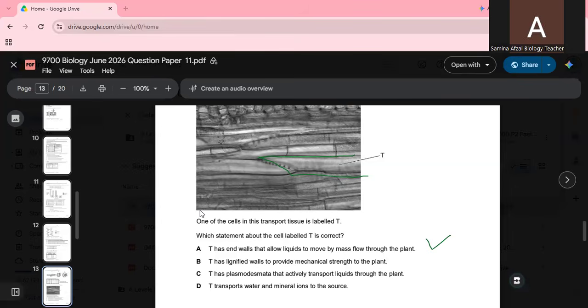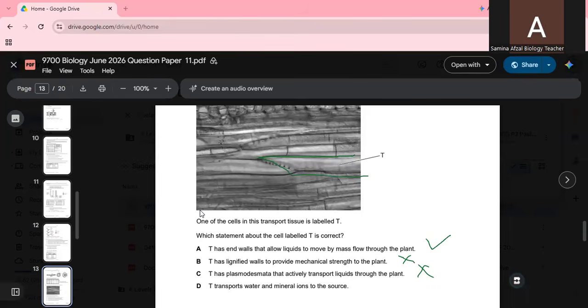The T has lignified walls to provide mechanical strength to the plant. Lignified walls are characteristic of xylem vessels, not the phloem. T has plasmodesmata that transport liquids through the plant. Plasmodesmata connect sieve tube elements to companion cells, but liquid moves through the main lumen and sieve plates by mass flow, not through plasmodesmata. T transports water and mineral ions to the source.